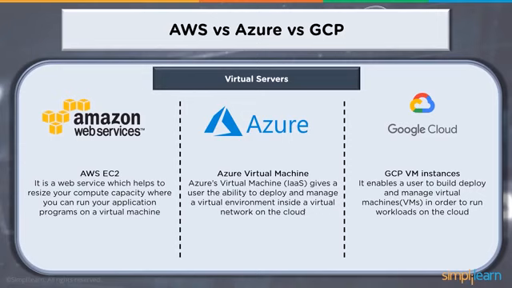You have local SSDs. You also have GPU accelerators, which can be added to accelerate computationally intensive workloads such as machine learning, simulation, medical analysis, and so on. And you have features such as global load balancing, which makes Google Cloud a unique choice.